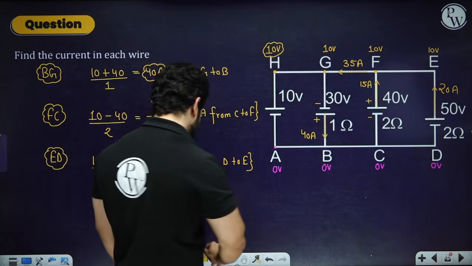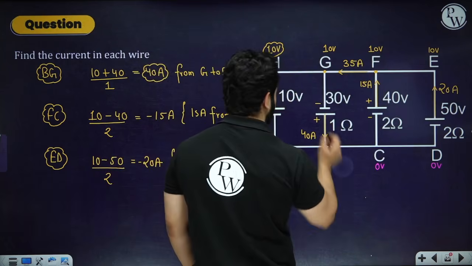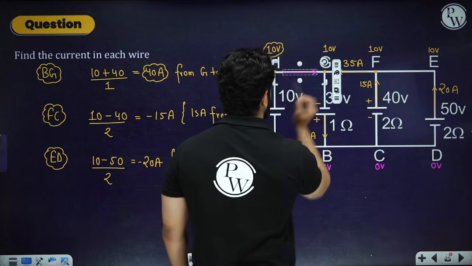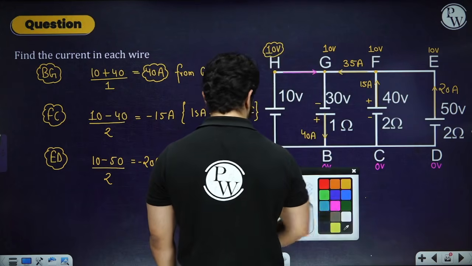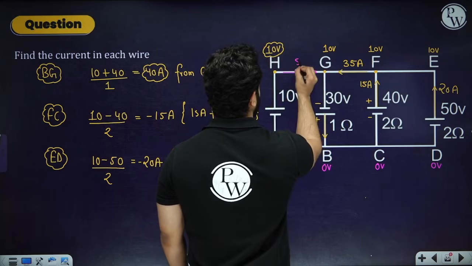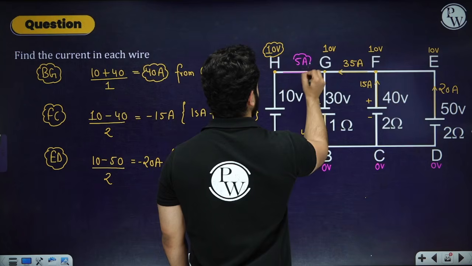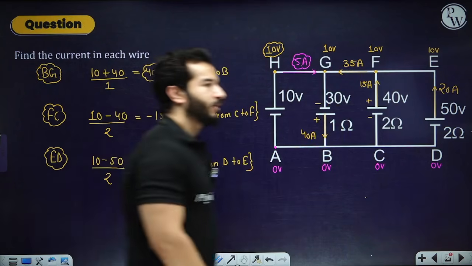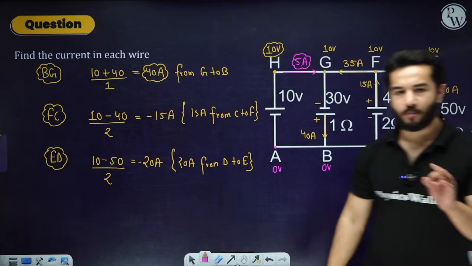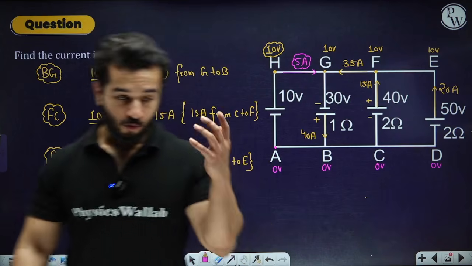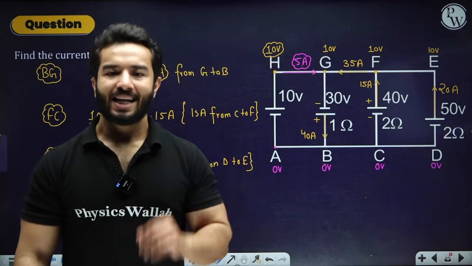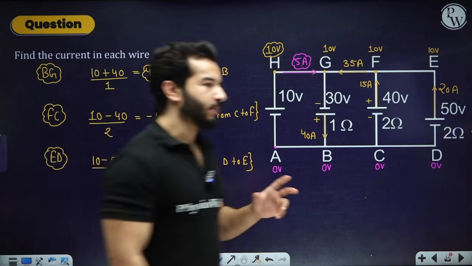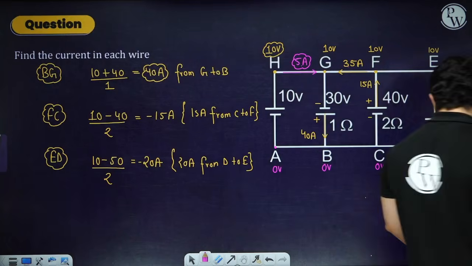This means that the last branch must have a current of 5 ampere in this direction. That's how you are going to get each and every current, because 5 plus 35 will be equal to 40 ampere, right? So KCL is going to help you a lot. Else you would have used KVL, which will take a lot of time. So please make a note of it.